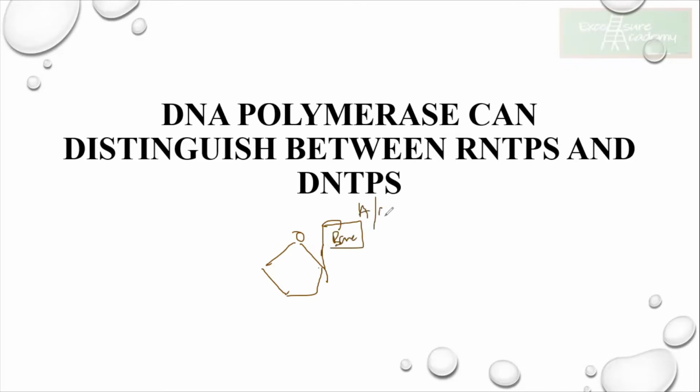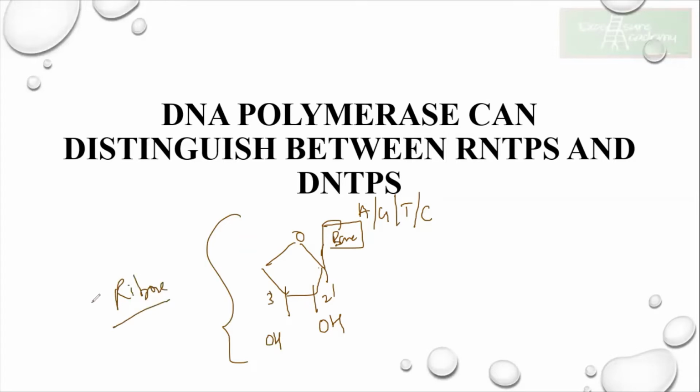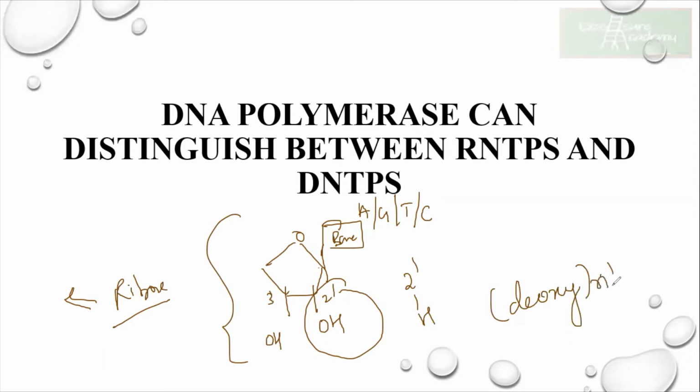You can have A, G, T, or C. Then this is your 2-OH, 3-OH. So this is in the case of your rNTPs, ribose, which is used for your RNA. Now in the case of DNA, you don't have 2-OH. We have 2-H only, and that's why it is deoxyribose, right?